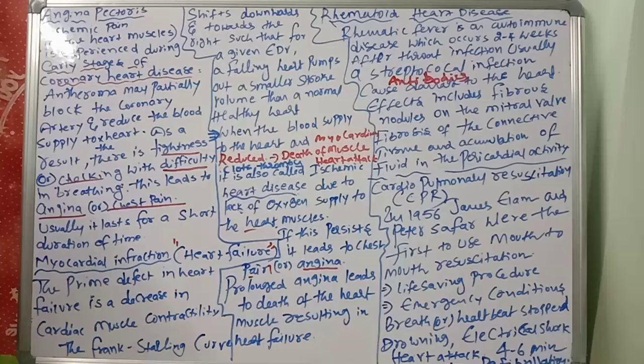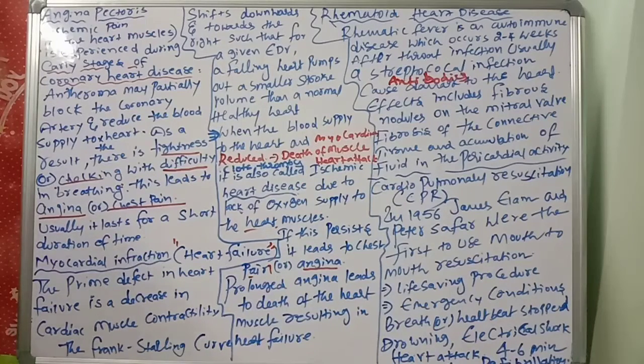So CPR is a life-saving procedure. By the mouth, we give air to the endangered person, the patient. When breathing stops or heart function stops, we should immediately give CPR, especially in drowning cases, electric shocks and heart attacks.